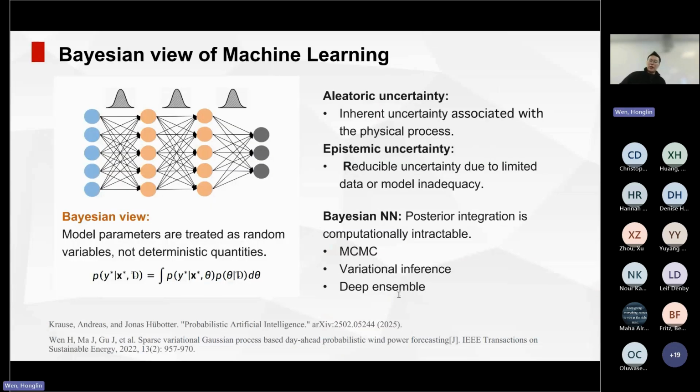For the uncertainty analysis, a very natural way is to think about this problem in a Bayesian view. We think the weights of the neural network follow some distribution. By drawing different values from that distribution, the model will be different, right?